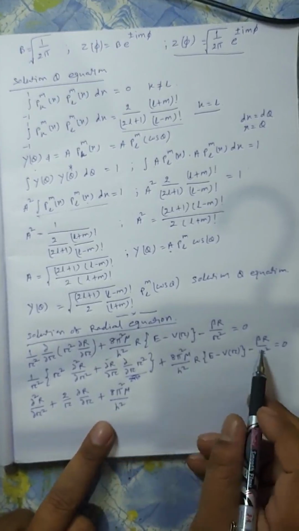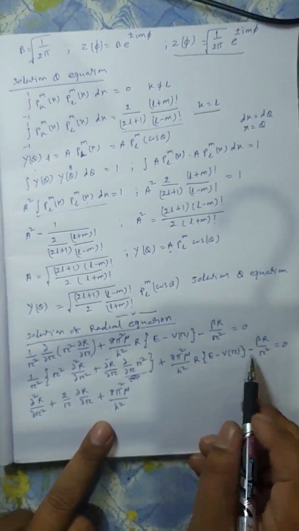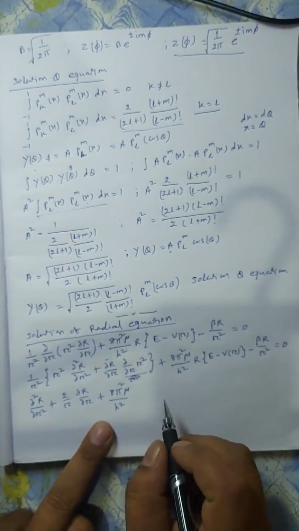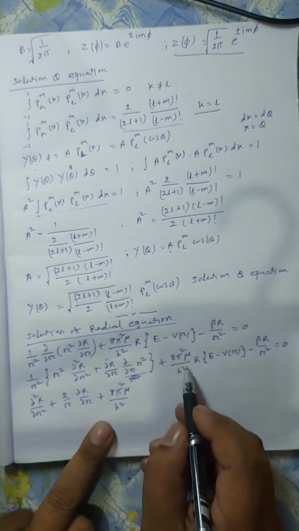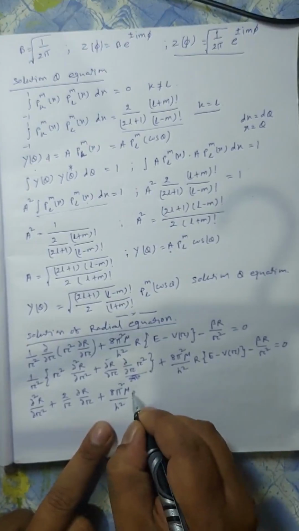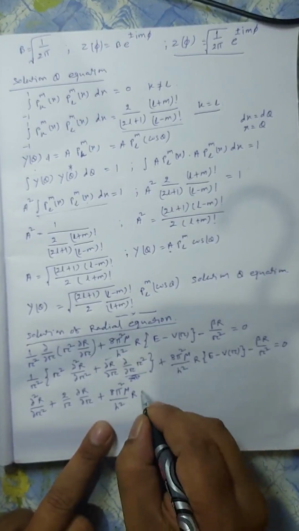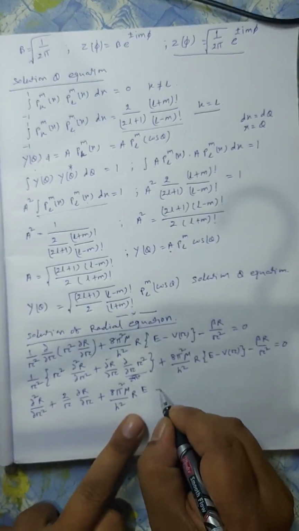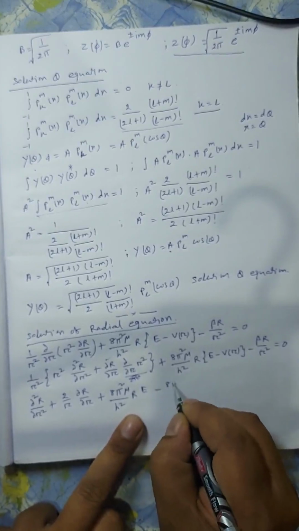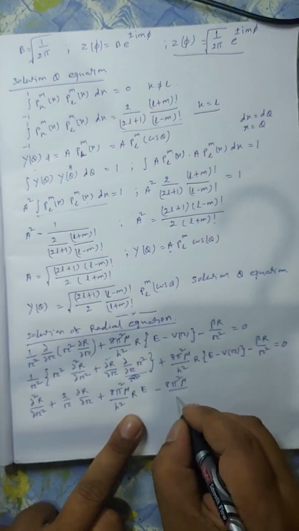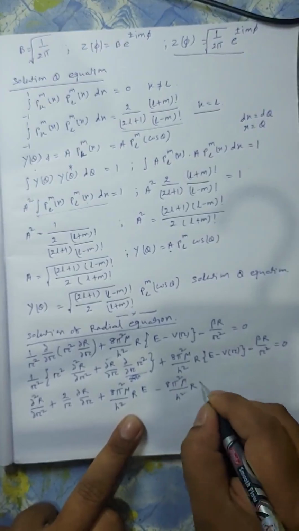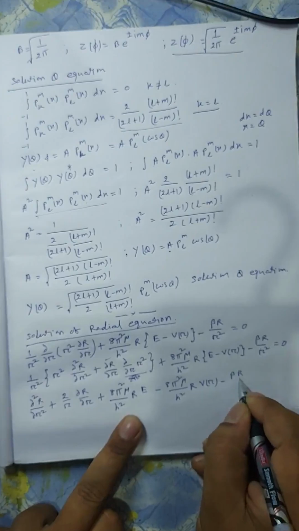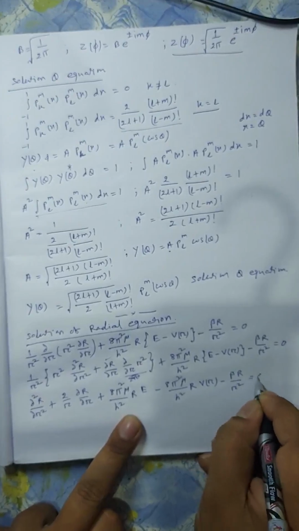Take r common from both sides. You have to multiply with all of this, then take common. This is multiplied with this, equal to r e, minus 8 pi square mu by h square r V(r), minus beta r by r square, equal to 0.